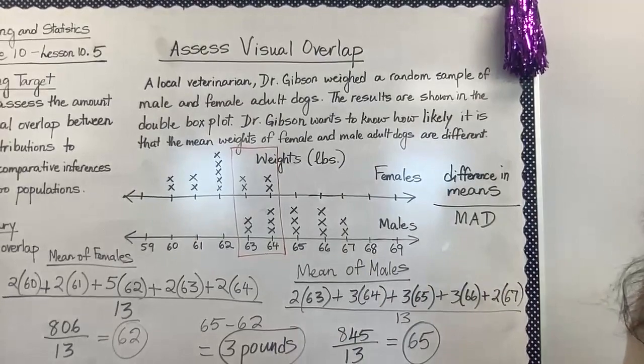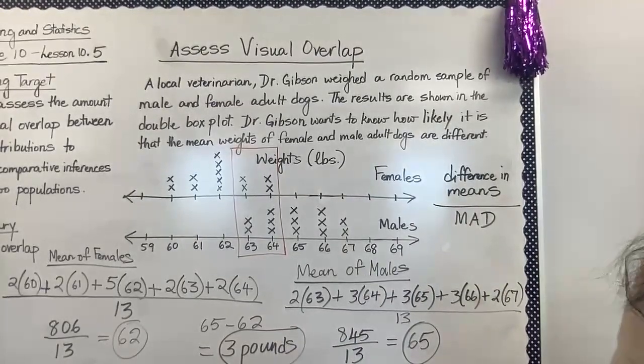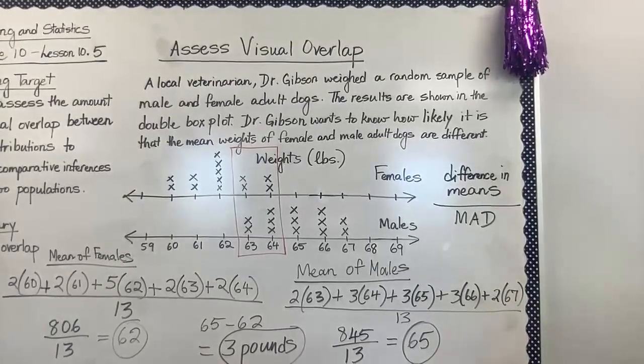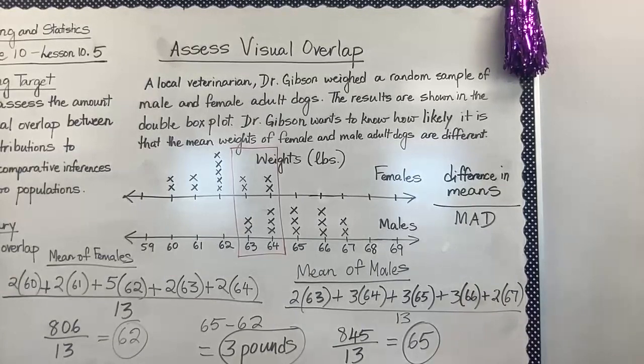Okay, now once we have looked at this, just by looking at the samples in the double dot plot, how likely do you think it is that the population means are different? So just by looking at the dot plot, I think it is likely that the population means are different because both sets of data appear to have low variability and the data overlap.